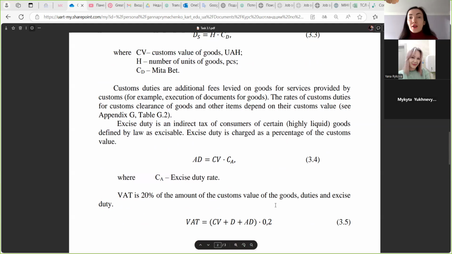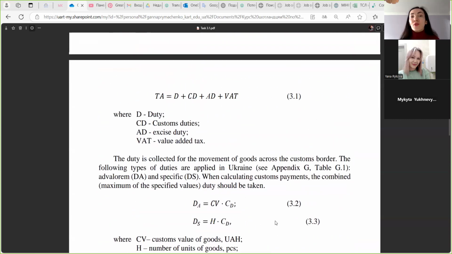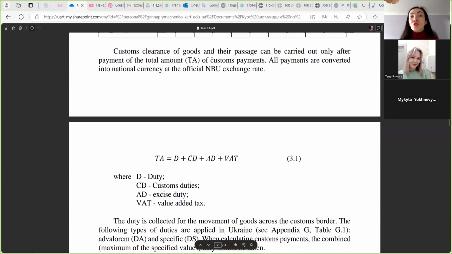Okay, and our last formula, I think you find it already. 3.1, it is our total amount, the total costs of our customs deliveries. And we need TA, total amount. TA is equal to our duty. It is our maximum from ad valorem and specific duty, the result of our 3.2, 3.3 formulas, plus our customs duties.